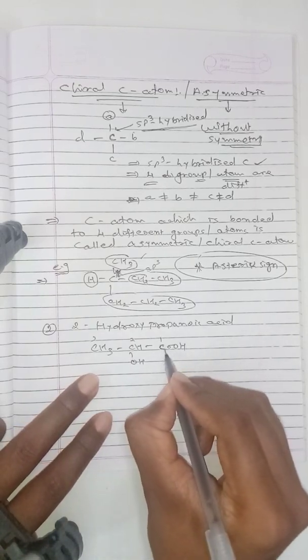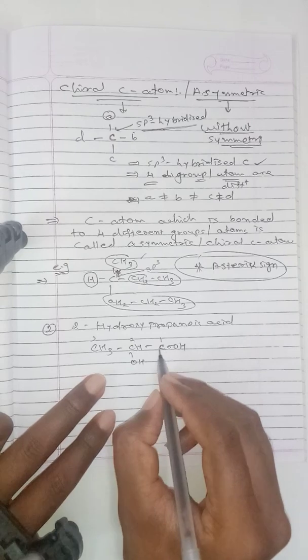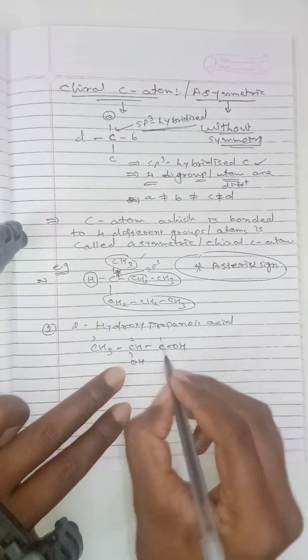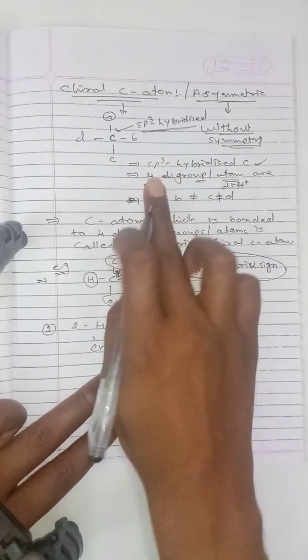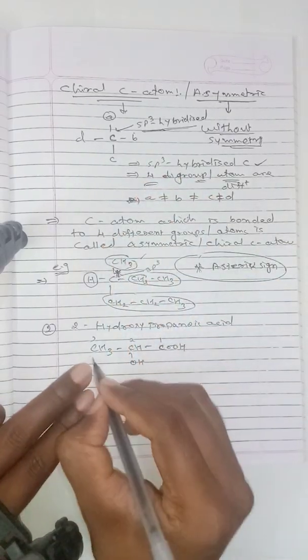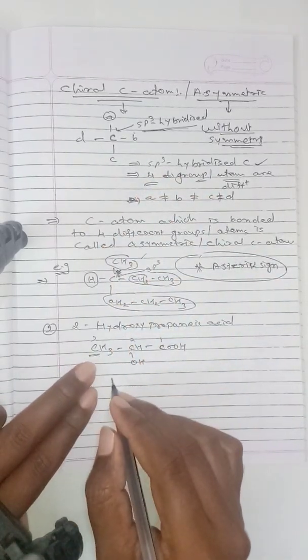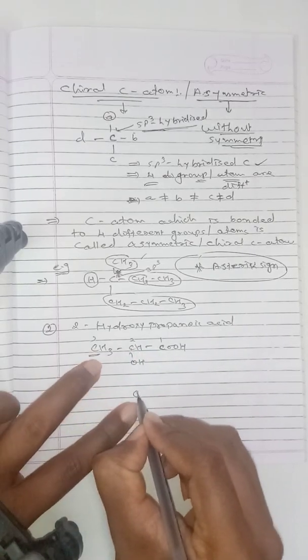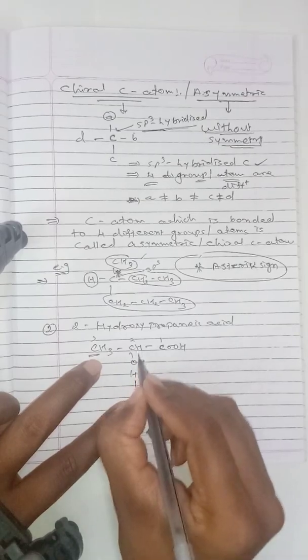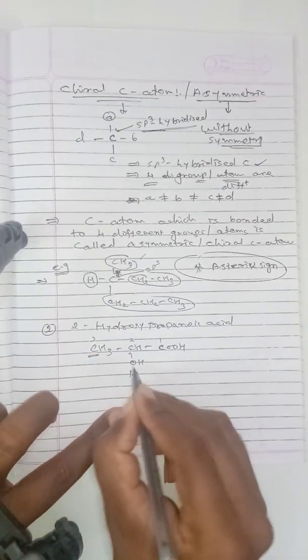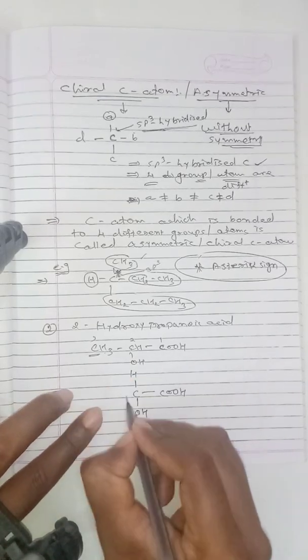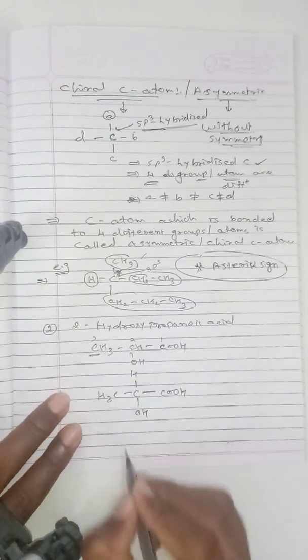Here this carbon is attached to only one carbon atom, so it does not fulfill the four different groups condition, same as the methyl. Now the second carbon is attached to one hydrogen atom, an OH group on the left side, COOH on the right side, and a methyl group.